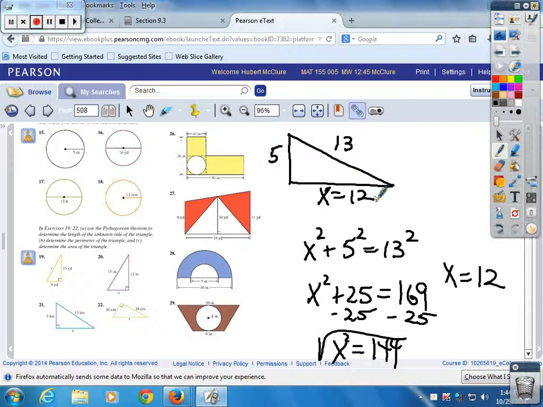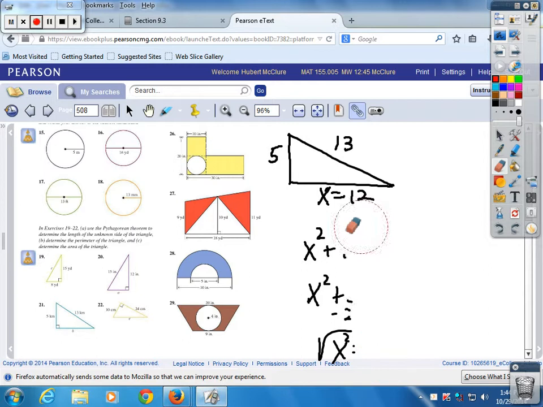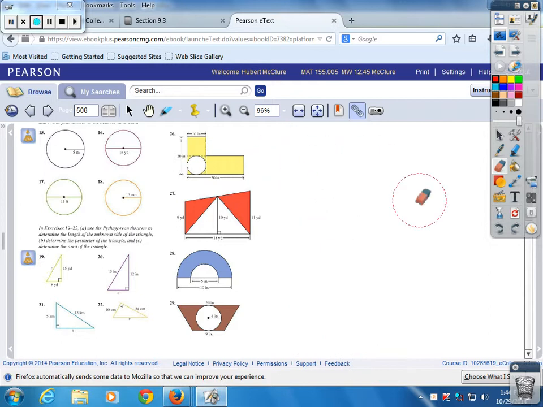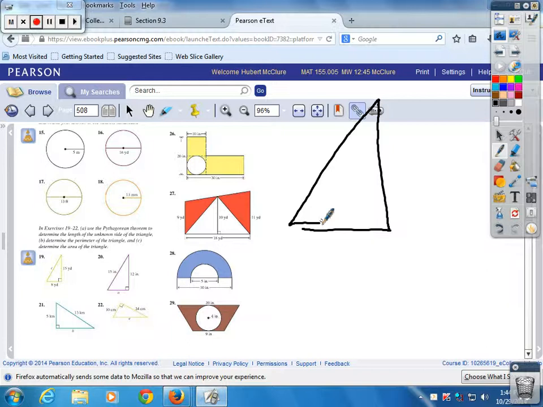All right, let's try another one. And the last one, I'm going to flip it over because nobody looks at a triangle like that. So I'm going to flip it over and make it look like this. The bottom is 10, and the side that has the two squares that give you the legs is 24.